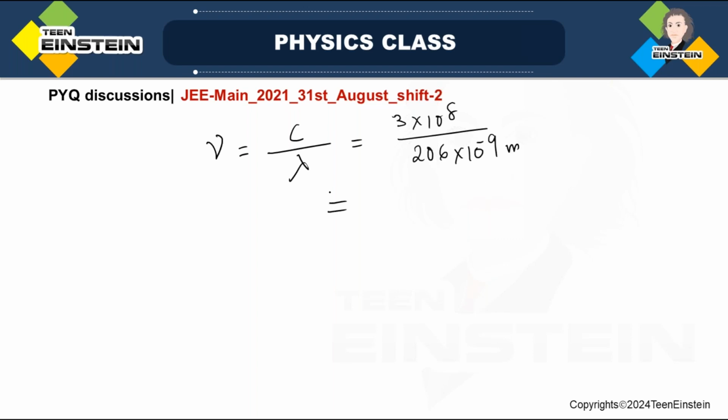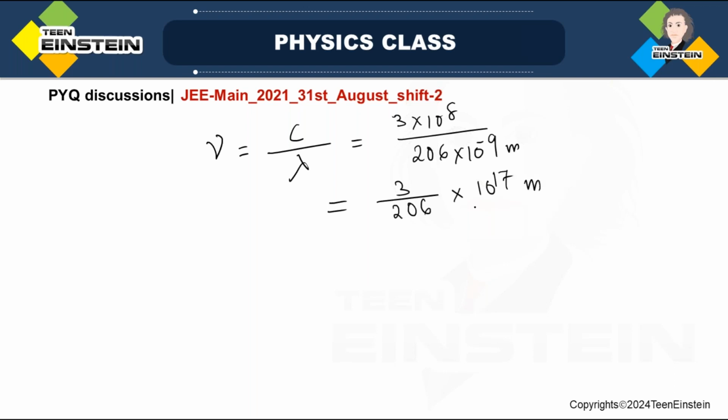Then what do we get? We'll get 3 by 206 into 10 to the power 17.